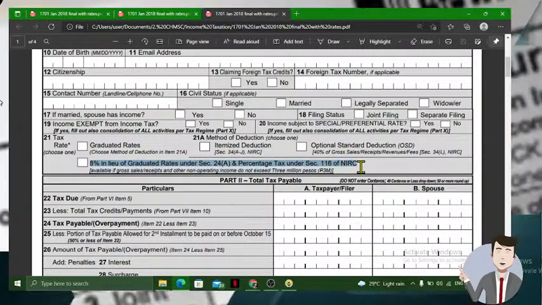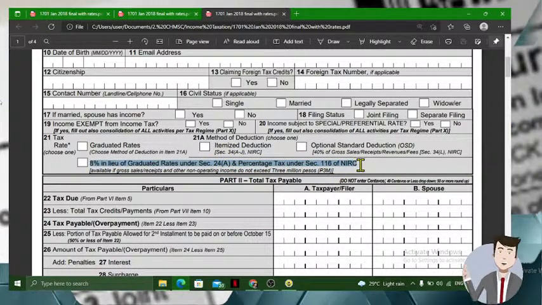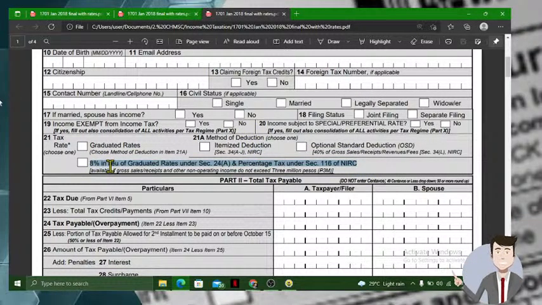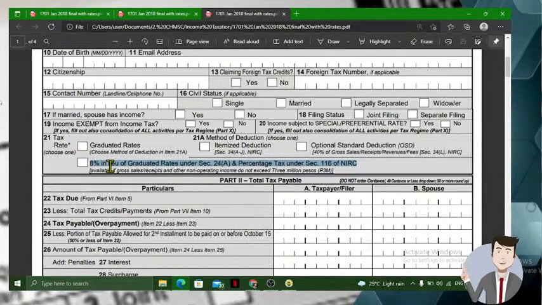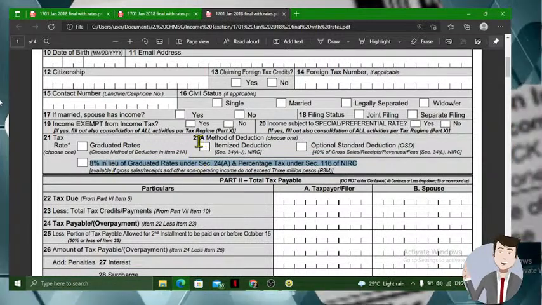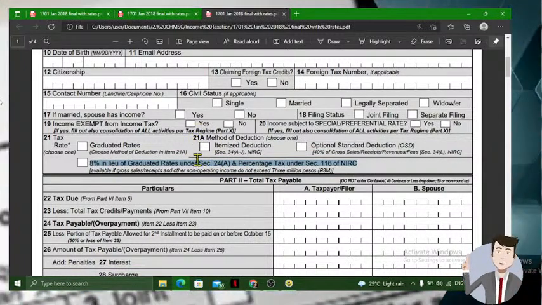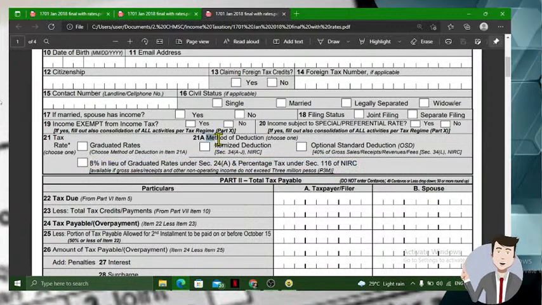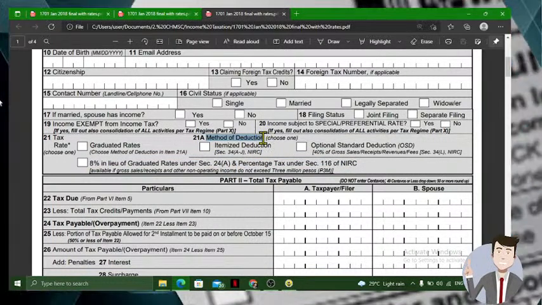So we have already discussed which taxpayers can avail of the 8% income tax rate. So kindly review our discussion on the rules on how to claim the 8% income tax rate. Then this one, the recently concluded topic, is the method of deduction.